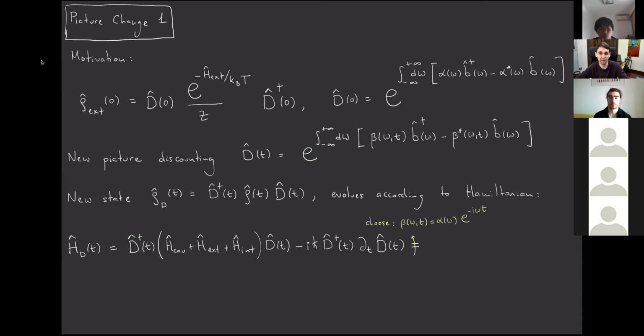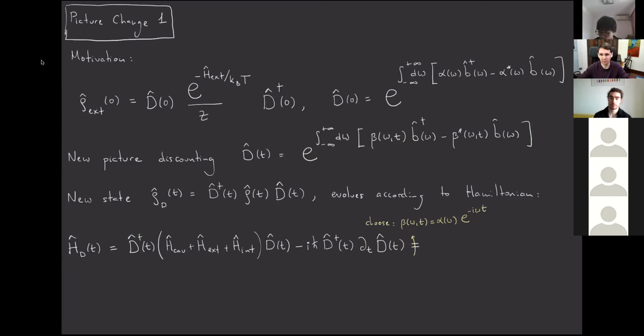So this is just the amplitude of the coherent state that the external field is in at time t if there were no interaction with the cavity, okay? So we just let the coherent state evolve freely according to the external Hamiltonian.